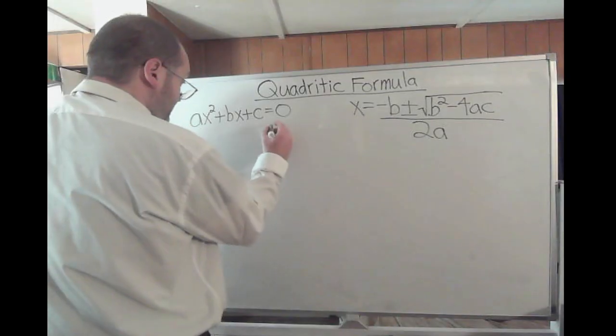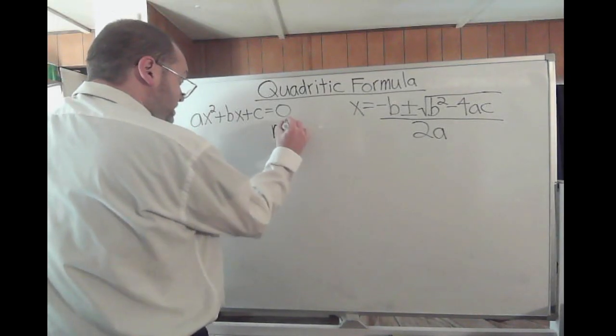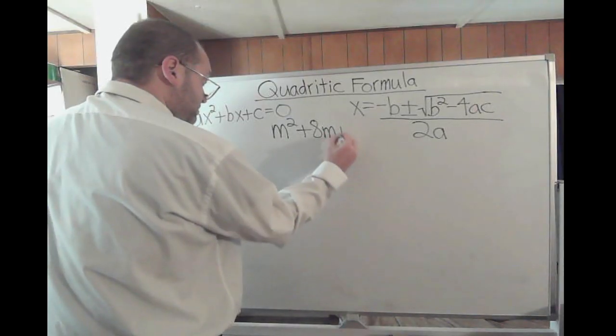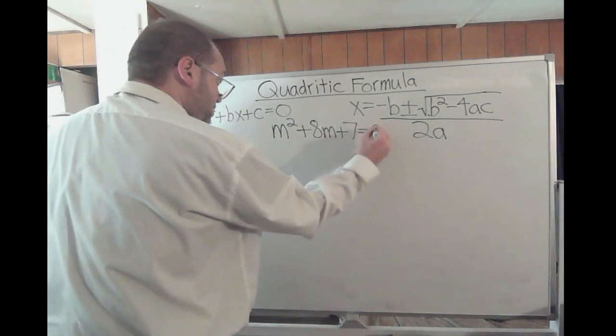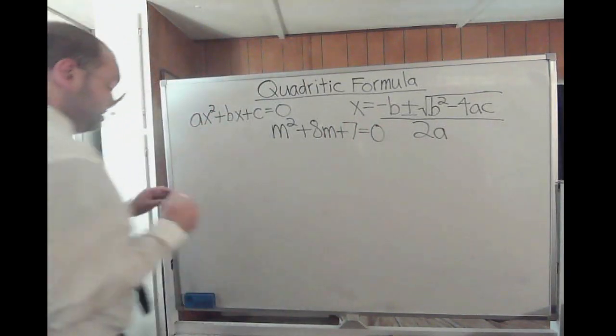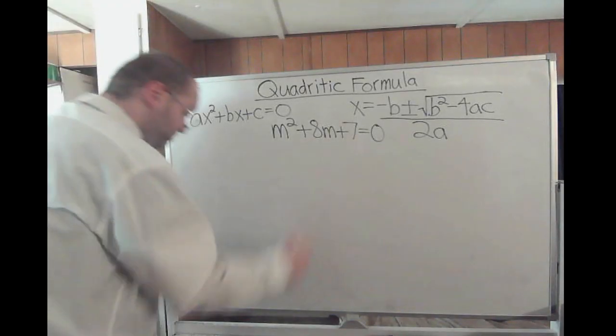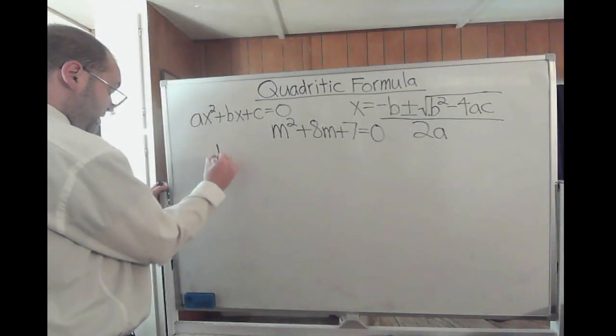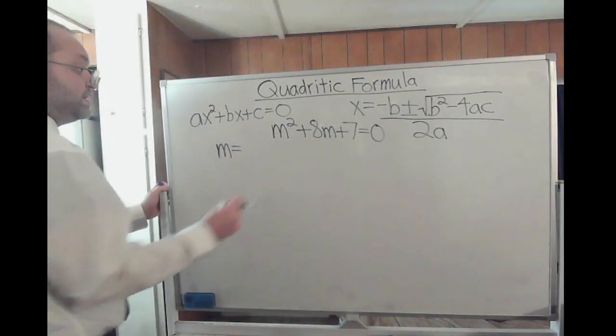Alright, let's see. Different one. We have m squared plus 8m plus 7 is equal to 0. Okay. So we have m squared plus 8m plus 7 equals 0. So let's set up our quadratic formula here. M is going to equal the negative of b.